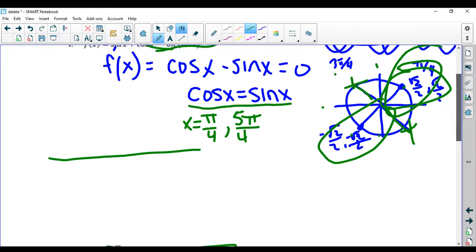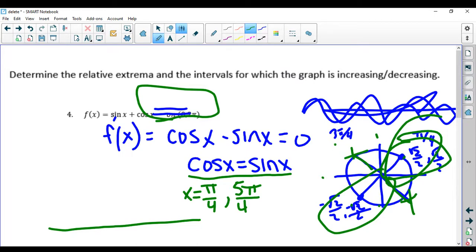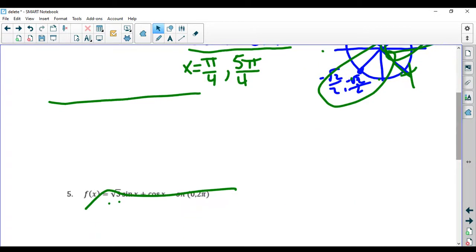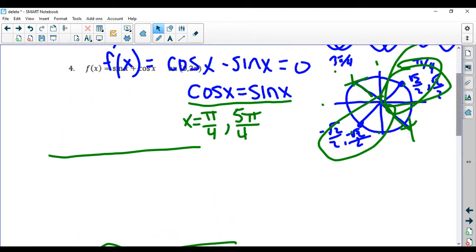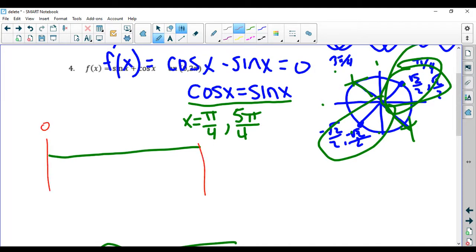Now, for this chart, we're sticking with this domain of 0 to 2 pi. So we're going to start at 0 and end at 2 pi. And the critical numbers are pi over 4 and 5 pi over 4.